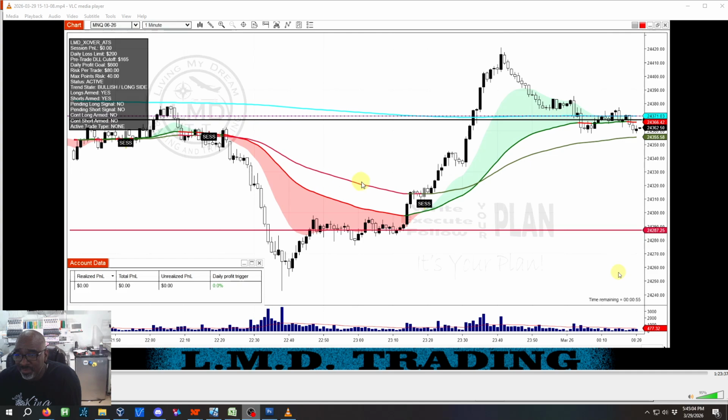So I really don't even need the 100 EMA on the chart because I'm not using it. The cyan line is a 5 minute 200 moving average. Again, it doesn't come into play. They're just on there from previous styles of my trading.